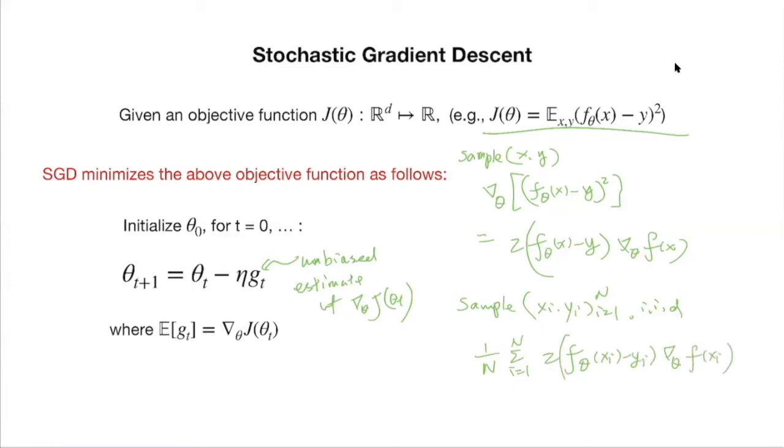I just sample n data points, compute the gradient for every pair, sum them together, and take the average. We should hope this approaches the gradient of J(theta) as n goes to infinity, just by the law of large numbers. That's the common approach you're going to use for optimizing a neural network.